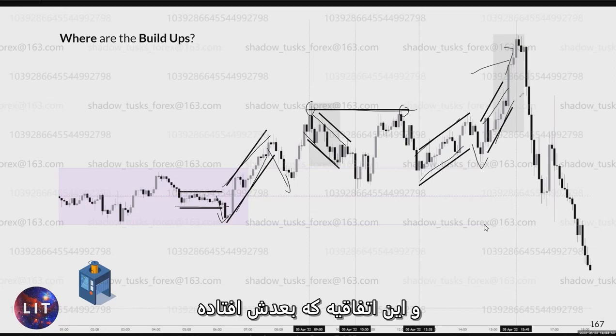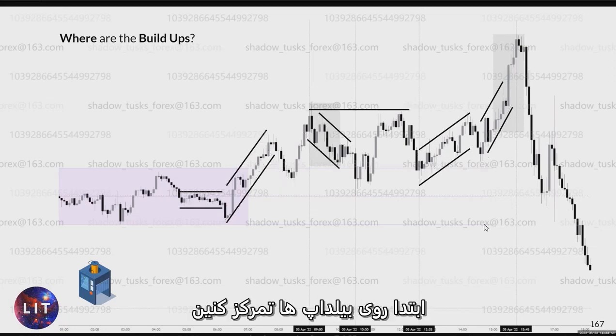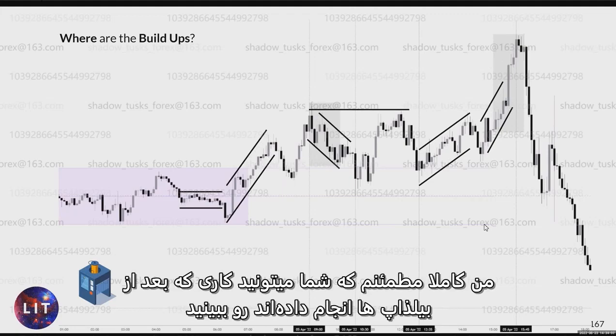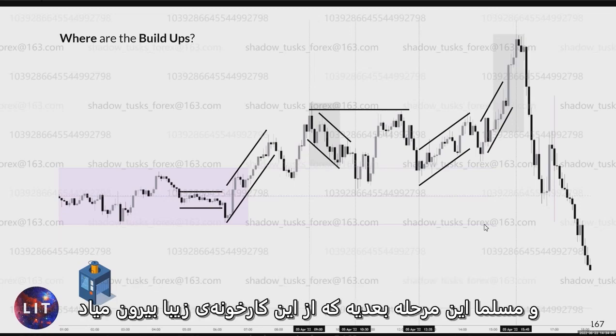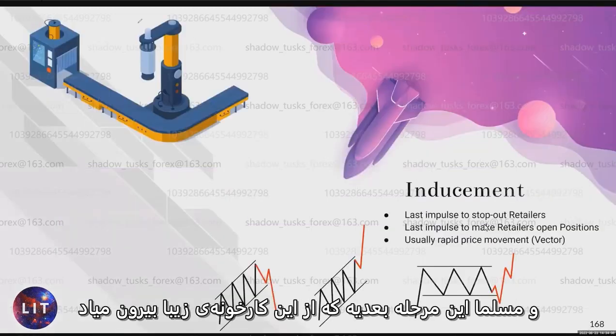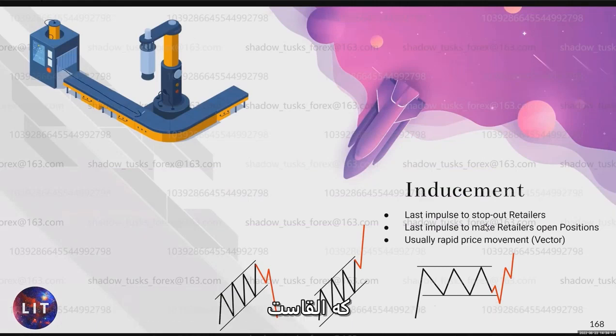Okay, and then what happened after? So build-ups, build-ups, build-ups. Focus on the build-ups first, and I'm pretty sure you can already figure out what they did after the build-ups. And of course, it is the next step coming out of this beautiful factory: the inducement.